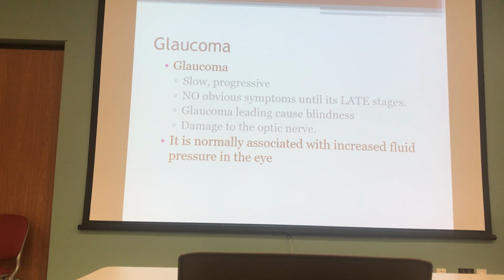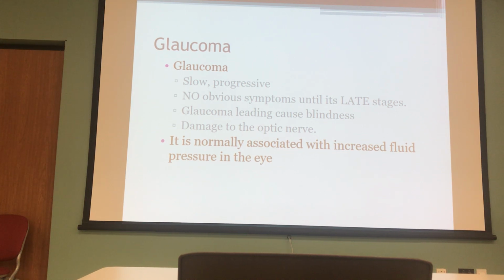Glaucoma. We have open angle and closed angle. Which one do you think is the worst? Closed. Okay. Open angle is usually slow and progressive. Remember, the canal of Schlemm is usually blocked off. No circulation of your aqueous humor, and it can build up pressure in the eye. It can lead to blindness.